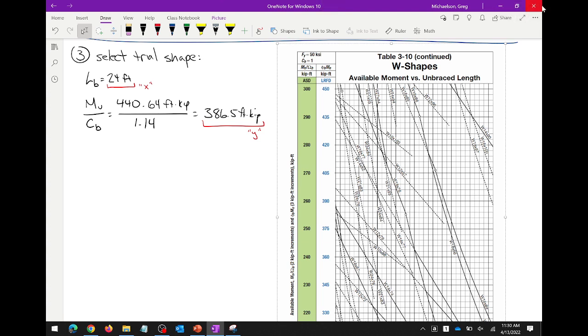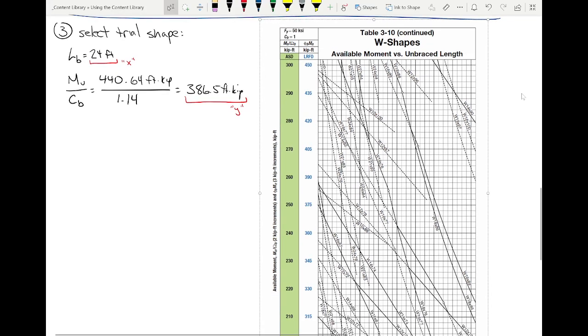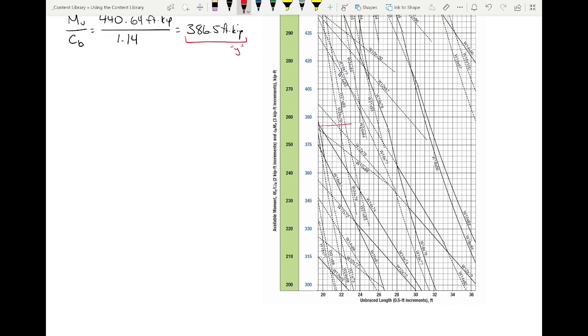All right. So just to make sure we're all following, what we're saying is we have a 386.5, which is, I don't know, like 378, something about like that. And then 24, so we're at that point right there, like that's the point.